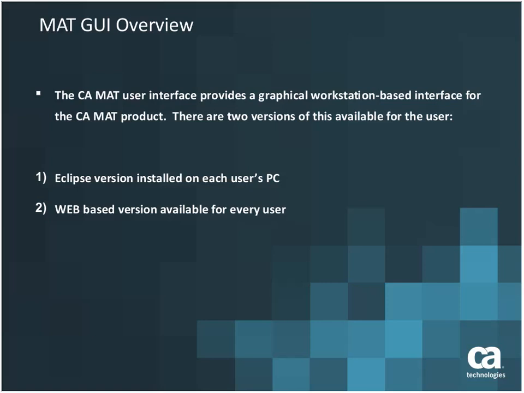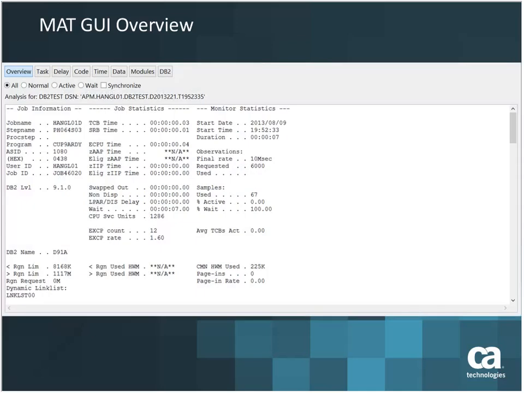But just to show you, here's a GUI screen. This is the overview panel of a measurement. Shows you the name of the job and the steps. And this same information is available from the ISPF panels as well. And as you can see, you can specify task and delay and code and time. Those are all available on ISPF as well, and they're all available through the GUI.